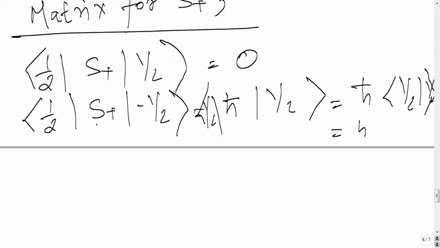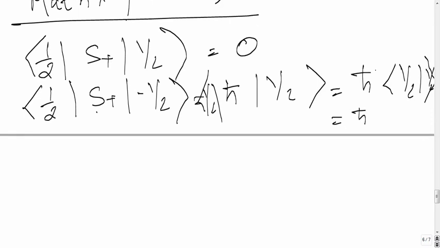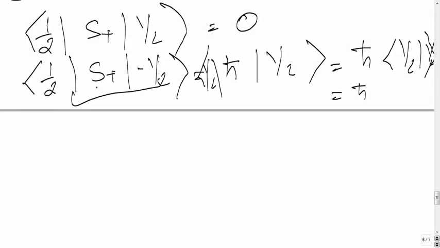So this value ħ is the value of this matrix element. You can just put in the expression for this eigenvalue equation involving S plus and minus half. Okay, so you would get this ħ.